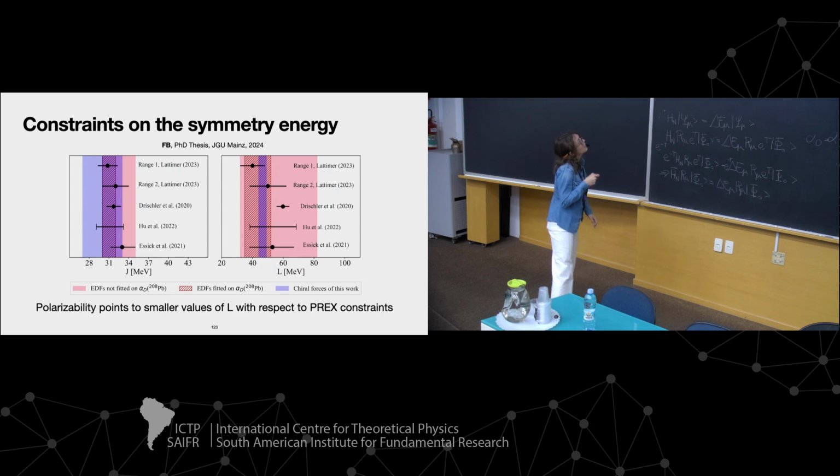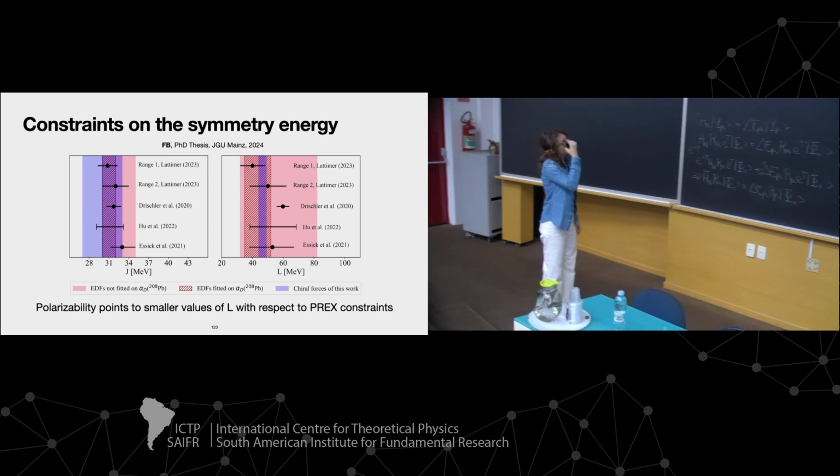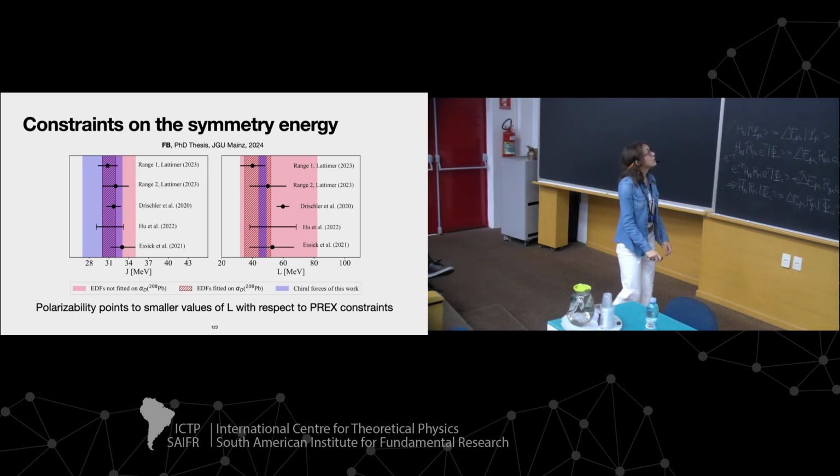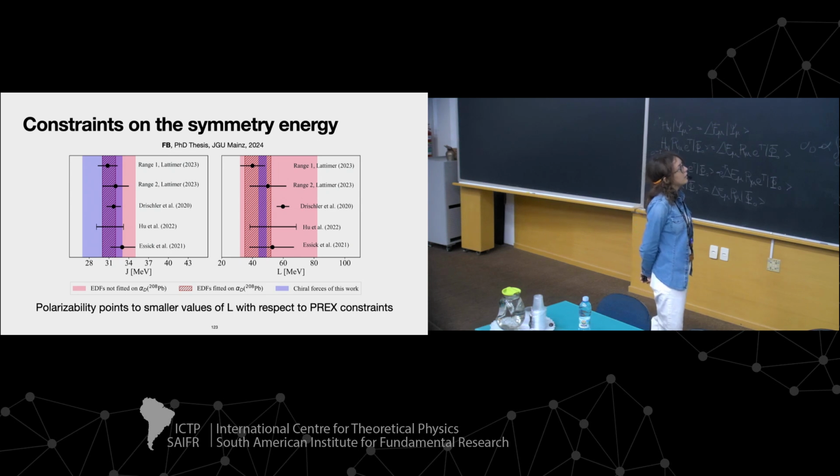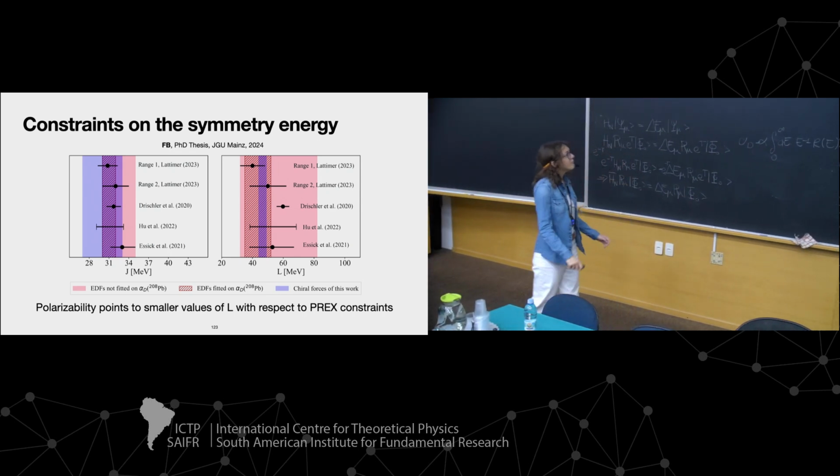And here I'm comparing these constraints to available constraints in the literature. These first two, range 1 and range 2, come from a review by Jim Lattimer.